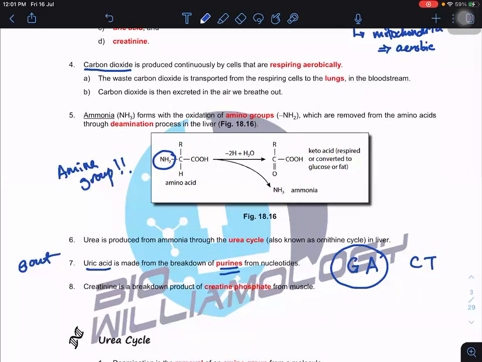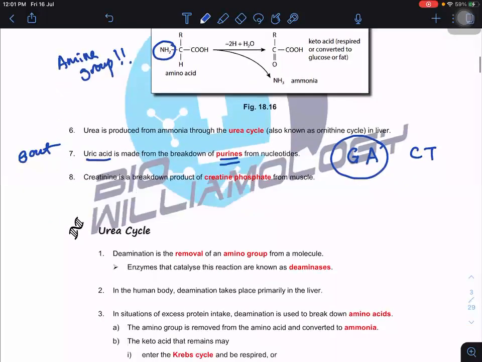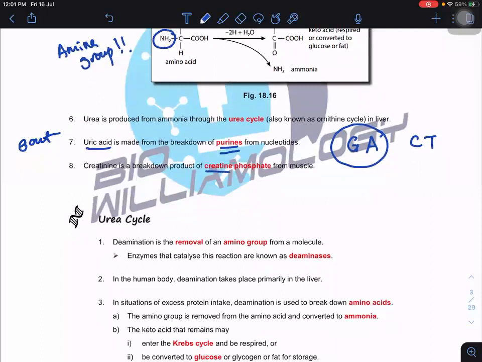And creatinine is the breakdown product of creatine phosphate from the muscle. Now, what is creatine phosphate? Creatine phosphate is something like ATP. When we carry out aerobic activity, it requires a high concentration of oxygen, but your oxygen supply cannot meet the demands for ATP production.